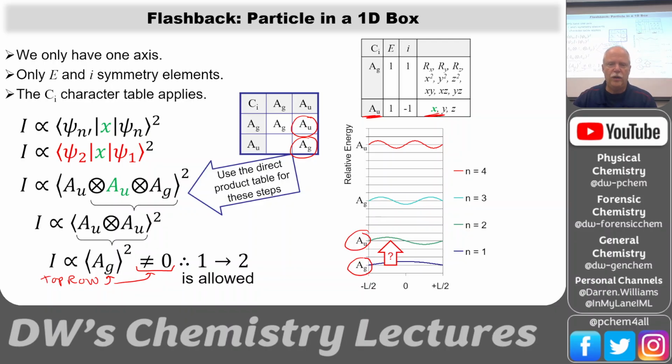What about the 1 to 3 transition? Same symmetries. So we could just look at this and say, yeah, this one right here, that's a terrible arrow, but you get my idea. Okay, also allowed, because of the same symmetry. What about Au to Ag?